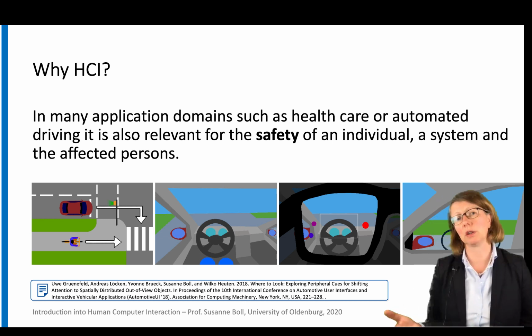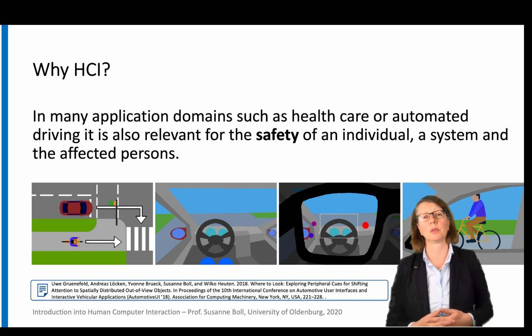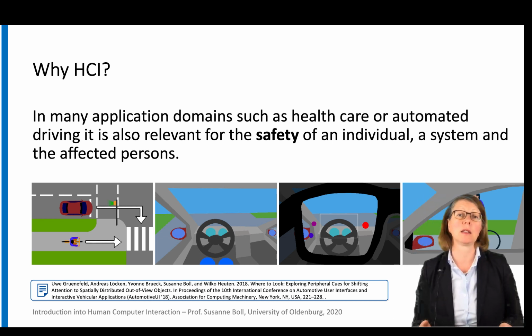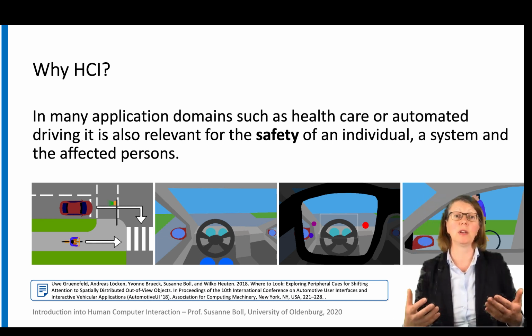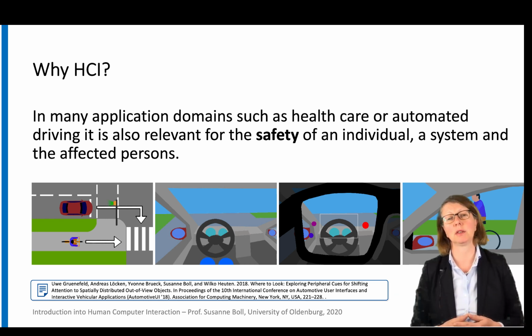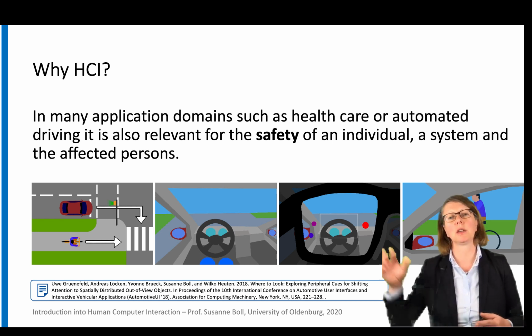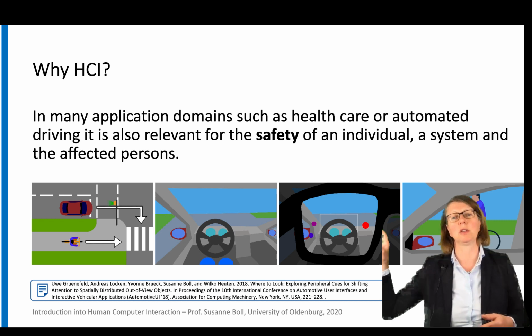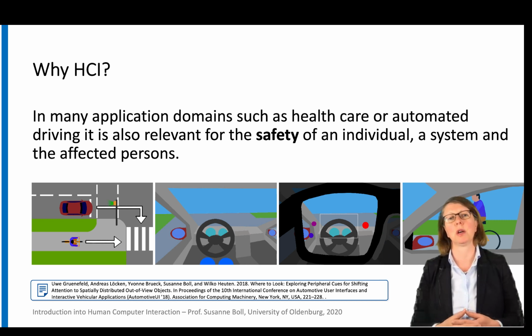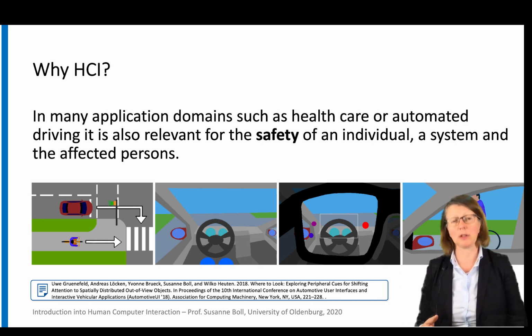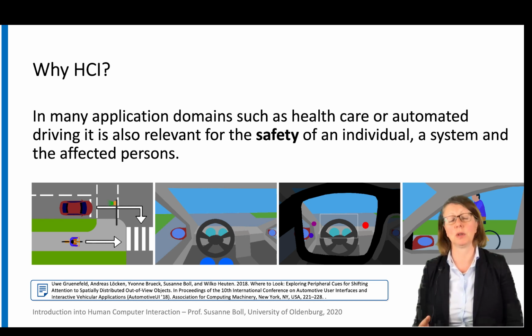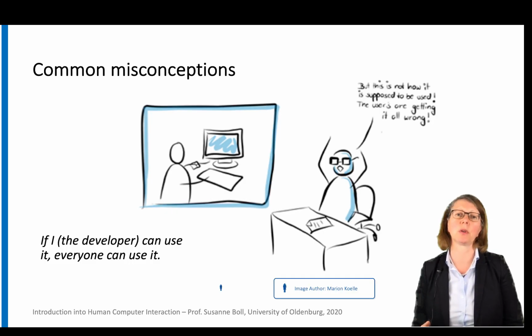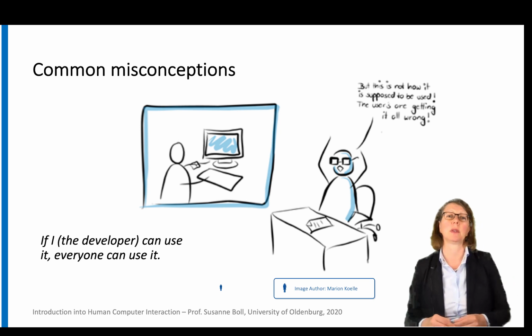You might overlook the individual. So can human-computer interaction also contribute to making you safer, for example, in this case, by indicating to the driver that there's an out-of-view object he or she should pay attention to? That's also a field we are addressing, so not only efficiency and satisfaction, but also safety.